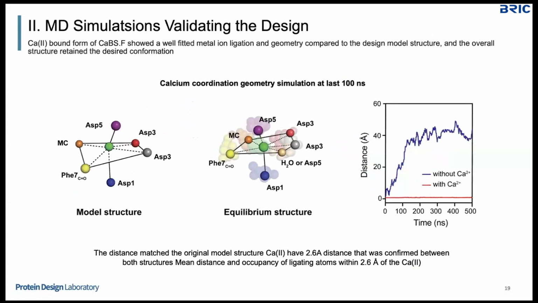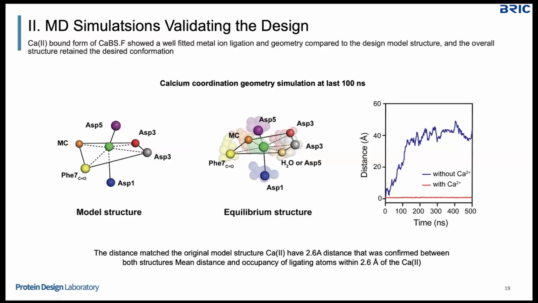Furthermore, we also utilized the MD simulation in order to validate the design. This is the model structure for the calcium geometry that was already introduced from calmodulin. It's already in nature. What we realized is that the equilibrium structure after we introduced merocyanine holds a similar geometry compared to the first one.